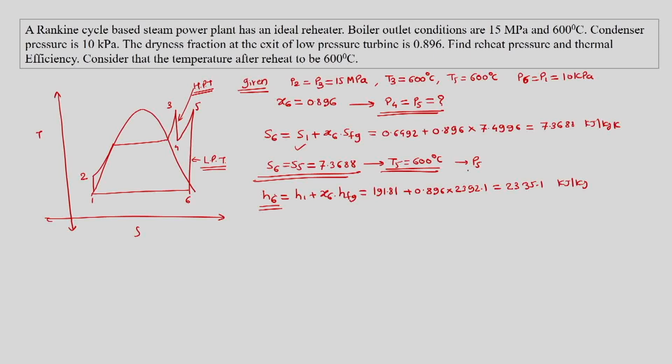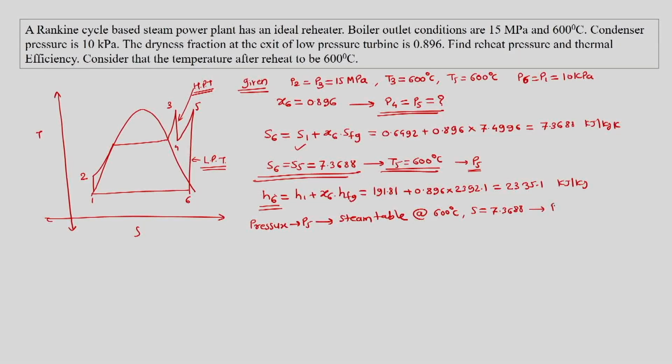However, we would have to go as suggested in the steam table. So pressure P5 can be found out from steam table at 600 degrees Celsius, and S has 7.3688.